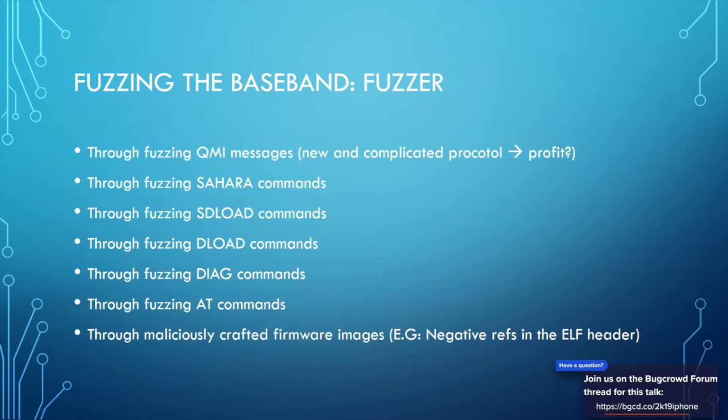Fuzzing through AT commands is also a good way, but it's a bit harder because Apple removed all serial interfaces to the baseband. So there's only a way to fuzz AT commands through their CommCenter, and you would need a jailbreak for that to access CommCenter and inject code into it for fuzzing the commands.